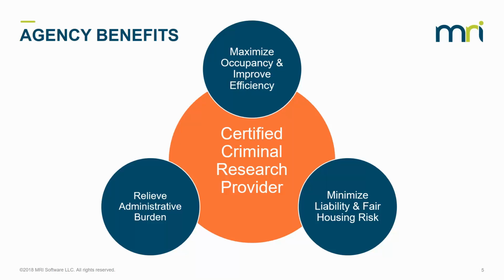And also, because the team is actually helping site personnel work through the various different items that might come up as we're verifying those records, it's going to increase the site personnel's efficiency, and going to allow the team at Resident Check to actually take care of those items and follow up. And that leads to the circle down in the lower right-hand corner, minimizing the liability with the fair housing risk.